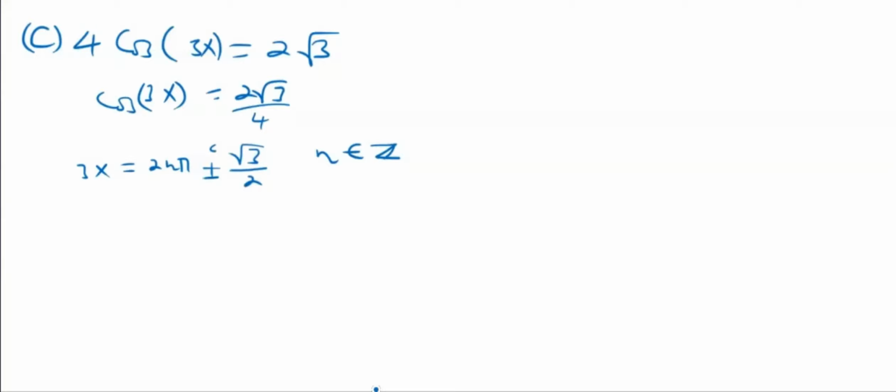So that's going to be cos inverse, square root 3 on 2. Square root 3 on 2 is pi on 6.